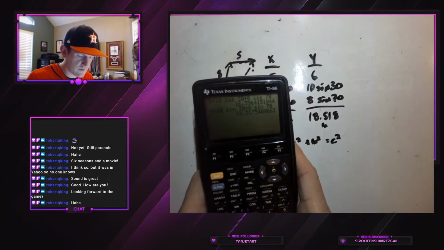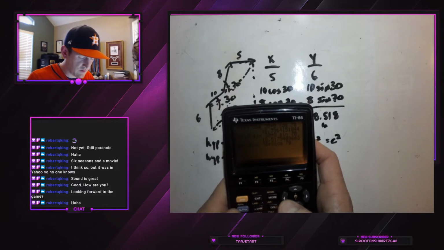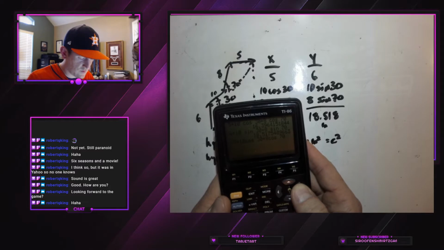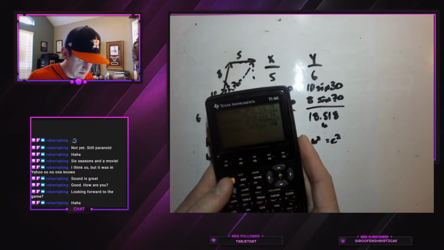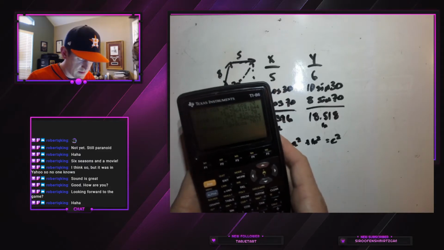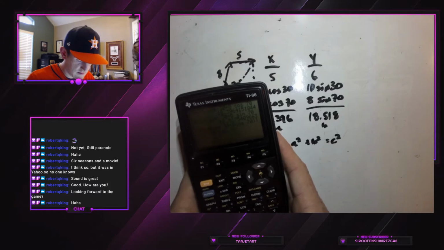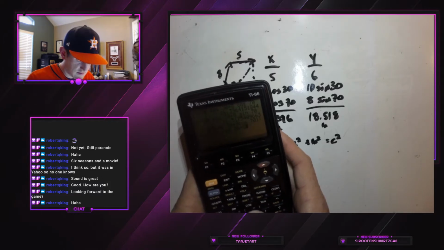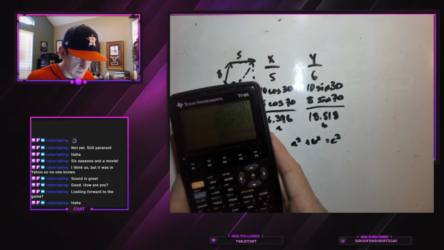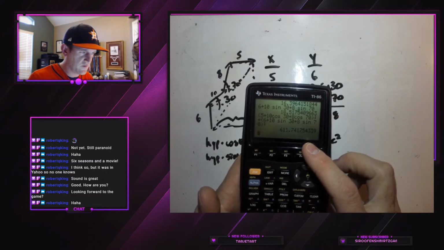And again, just because I hate rounding, I'm going to do my best to avoid it. So this squared plus this squared equals 611.74.